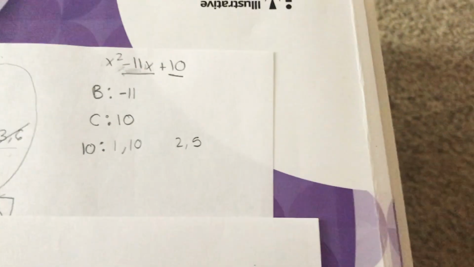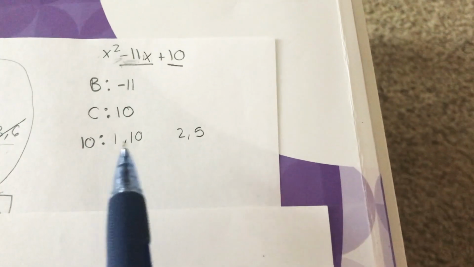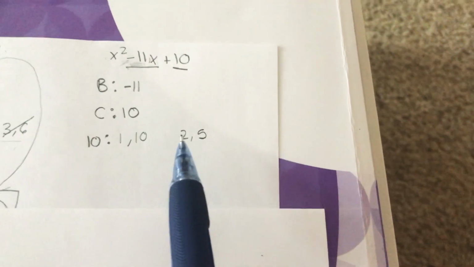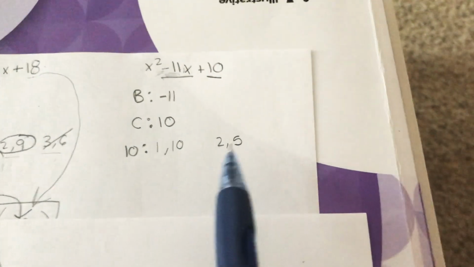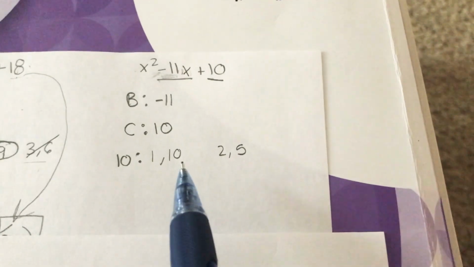This is where it gets tricky. I don't have any negative numbers here. What's important to recognize is that the factor sheet is only going to include positive values. However, any of these numbers could be negative.